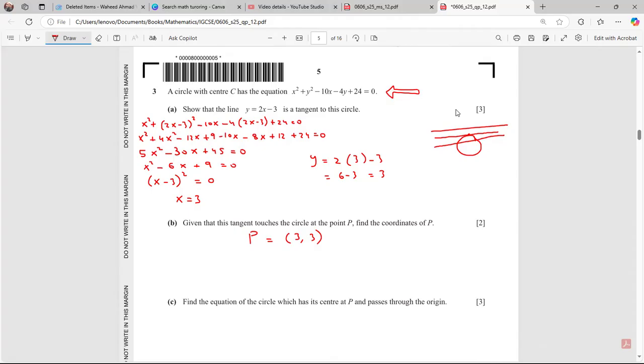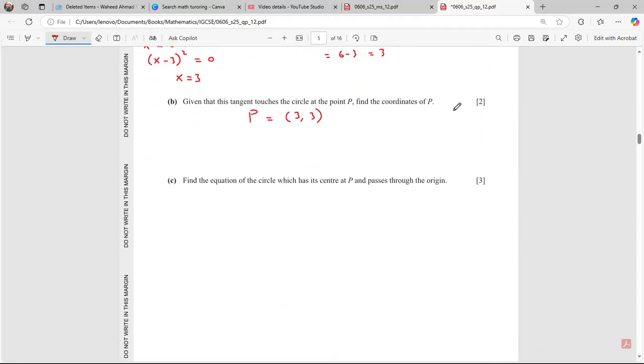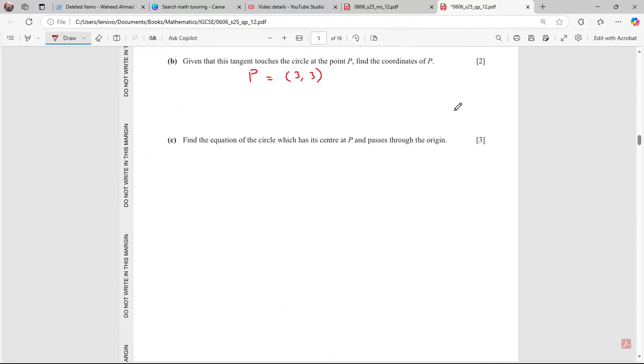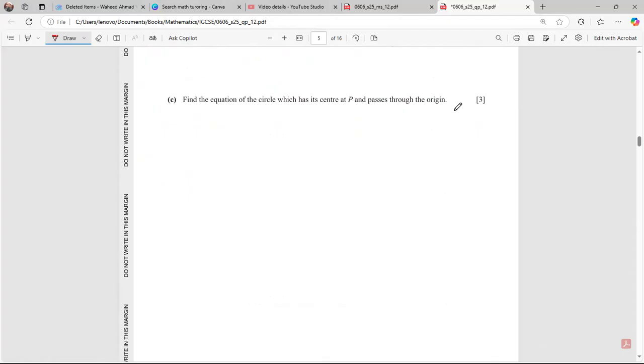It's very interesting. Now the next part: let's find the equation of the circle which has its center at P and passes through the origin. So remember we have 1, 2, 3, 1, 2, 3. This is the point P, which is (3, 3). And I need to find the equation for the circle passing through the origin, like this one.